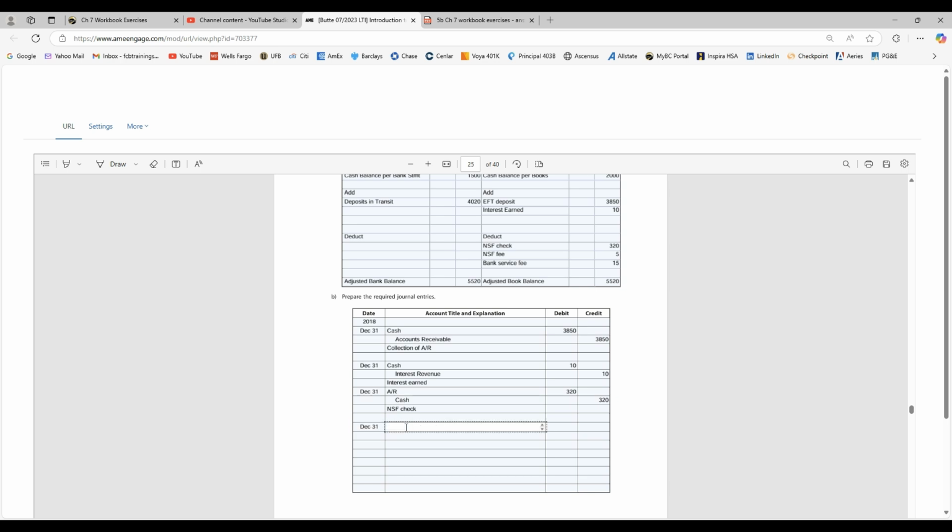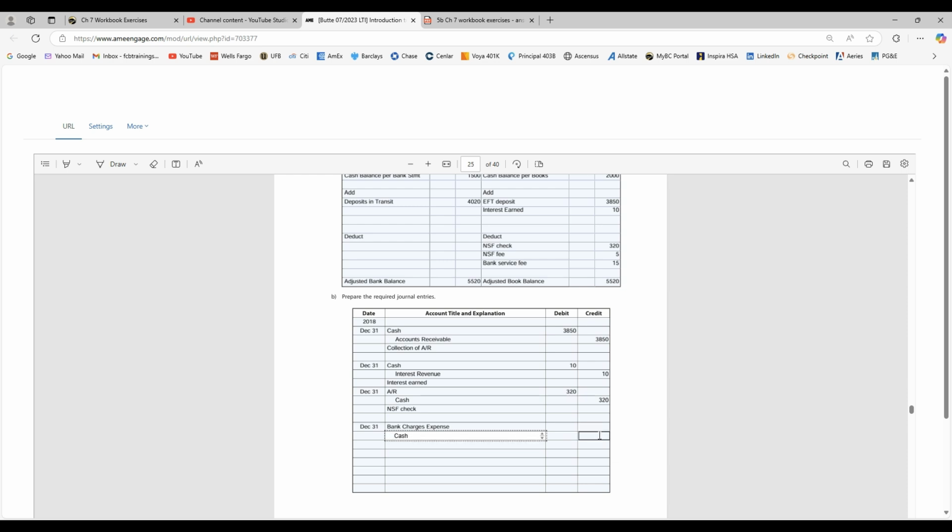Okay, and then we had our NSF bank charge, and we're just going to say bank charges expense, an account that the books use quite a bit, so we'll stick with that. It's to cash.